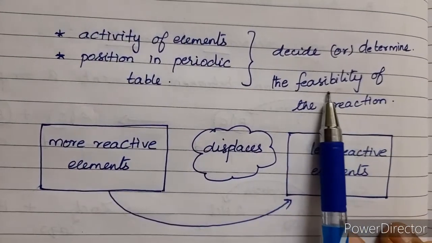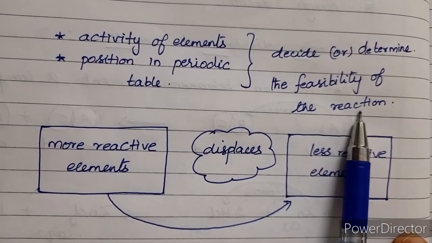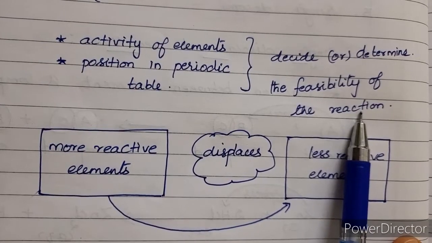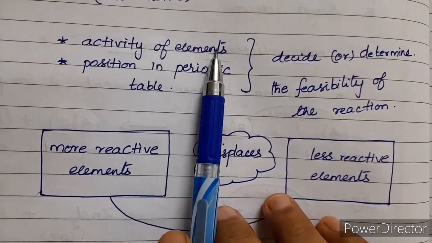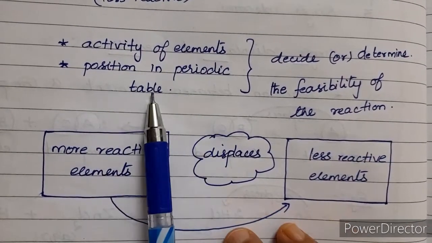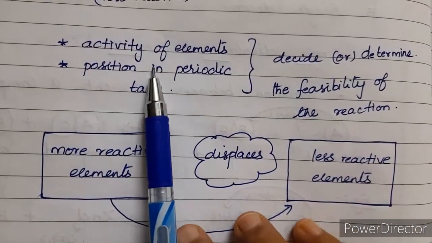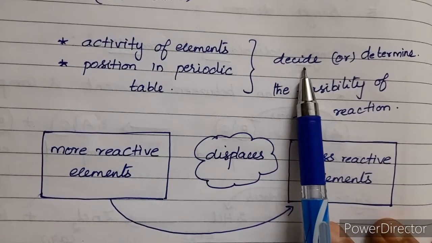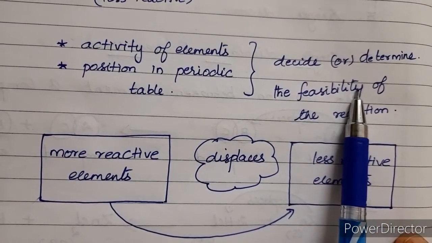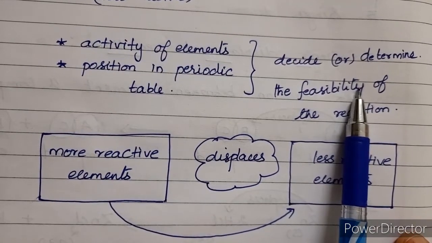So what decides the feasibility of the reaction? What determines whether the reaction occurs or not? The activity of the element and the position, that is the relative position in the periodic table. These are the two criteria which determine the feasibility of the reaction, that is whether the reaction takes place or not, right?